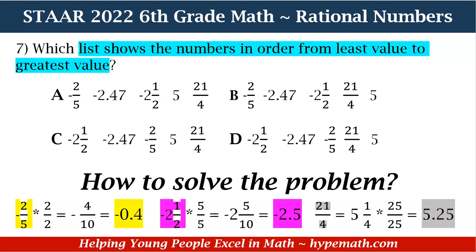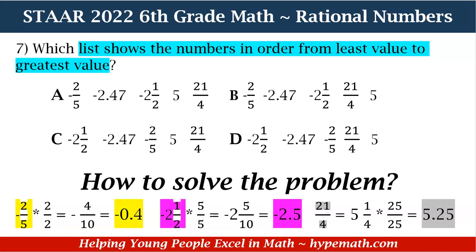Multiplying across, we have 4 times 25 is equal to 100, and 1 times 25 is equal to 25. So that is 5 and 25 over 100, which can be converted to 5.25.